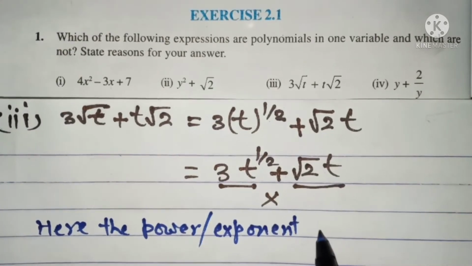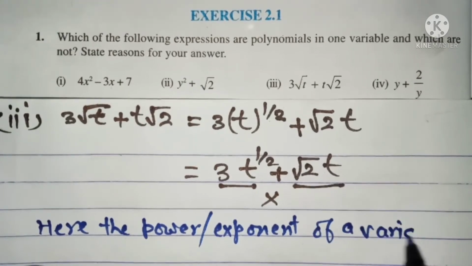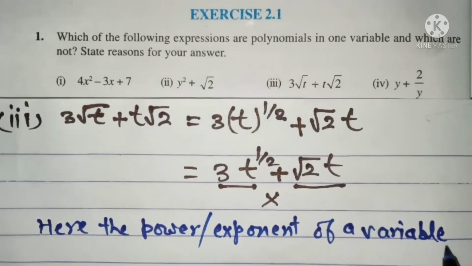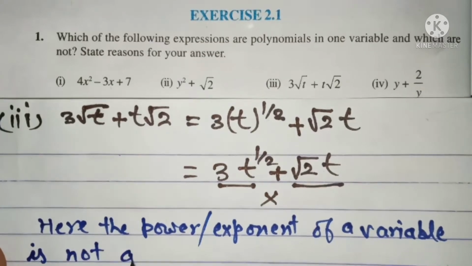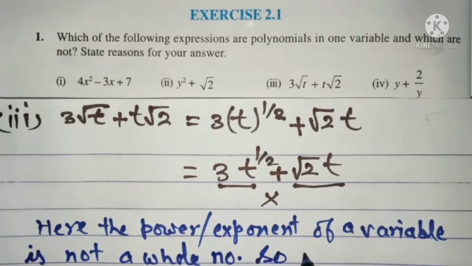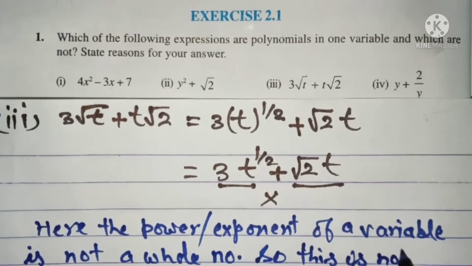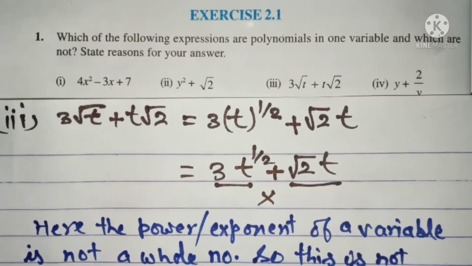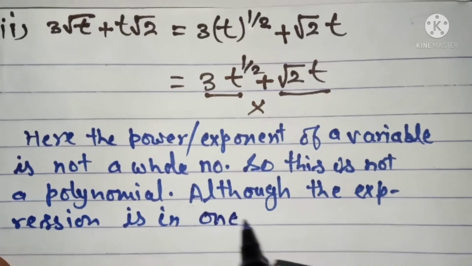The exponent of a variable is not a whole number, so this is not a polynomial, although the expression is in one variable.